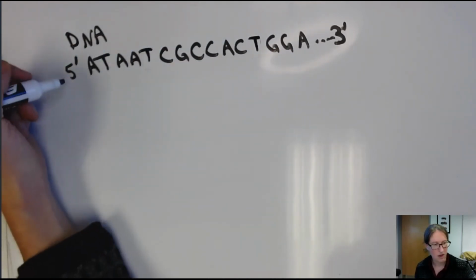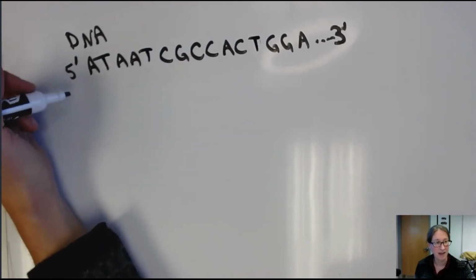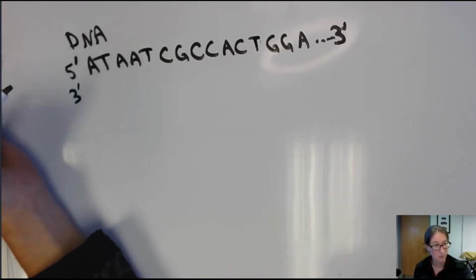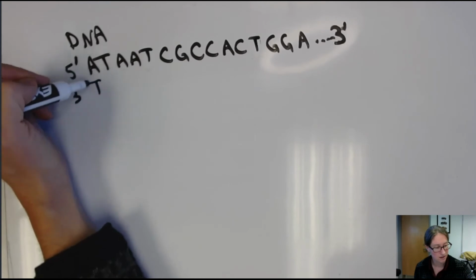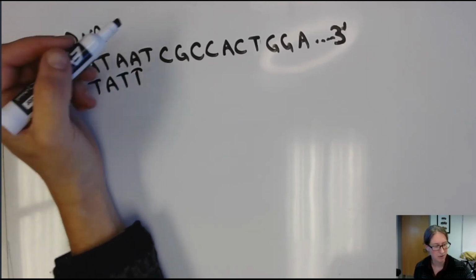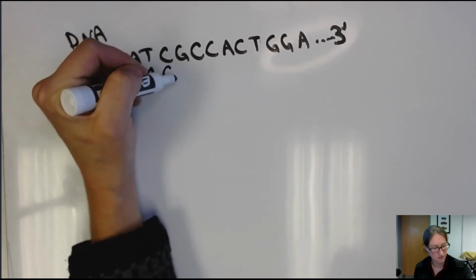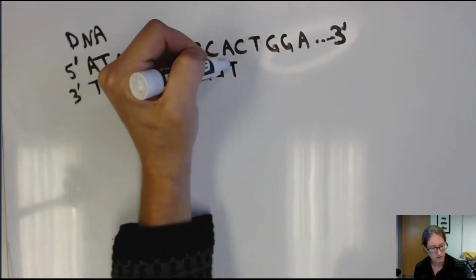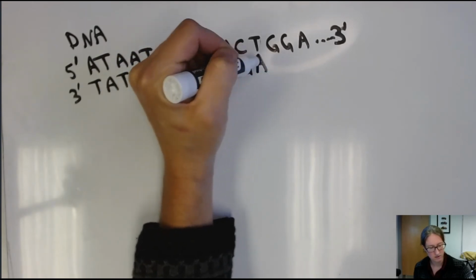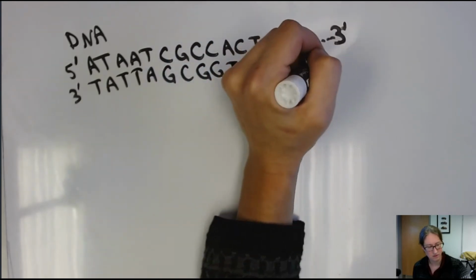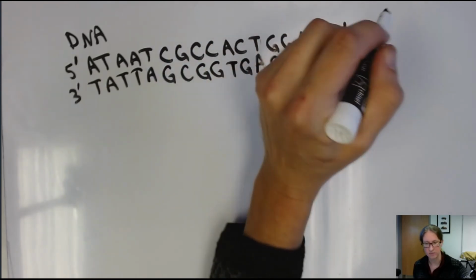Okay, so the strand that will pair up with this upper strand will have its 3' end here, and it's going to have what's called a complementary sequence.